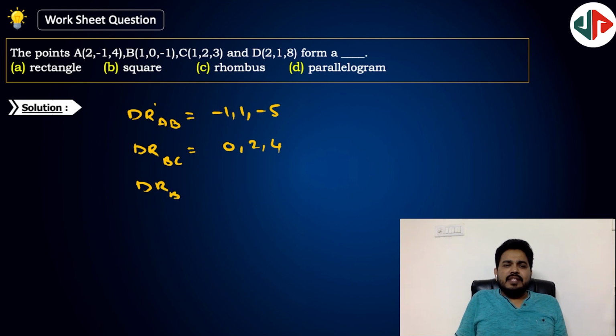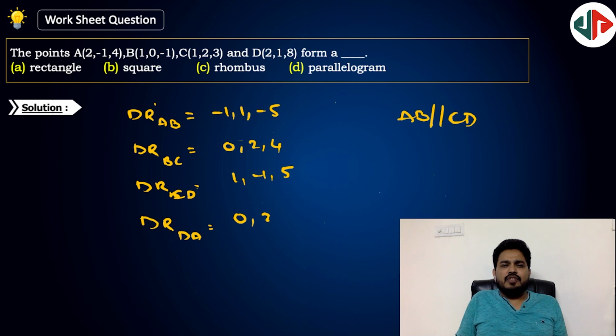DRs of CD: 1, minus 1, 5. So clearly AB is parallel to CD. DRs of DA... So BC is parallel to AD.